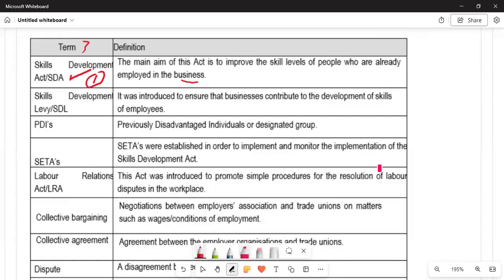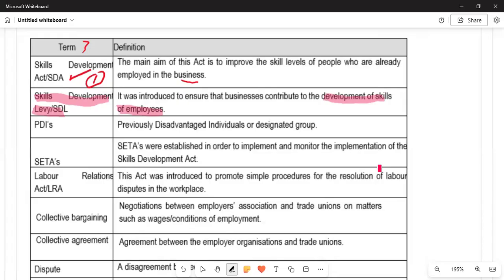The definition of the skills development levy is that it was introduced to ensure that business contributes to the skills development of employees. It simply says that businesses are going to be charged a levy to make sure that employees are equipped with skills and knowledge.